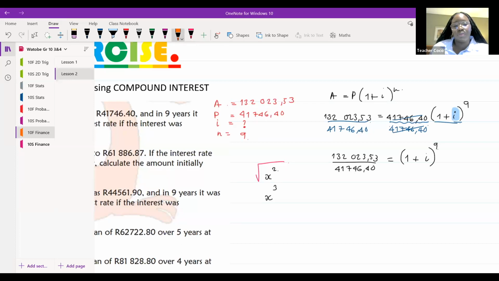Ma'am, you'll also do square roots. Not square roots, but a cube root. Yes, called a cube root. So this begs the question: if x to the power of 4, then what kind of root do I need to take?